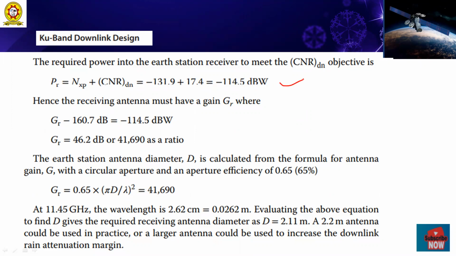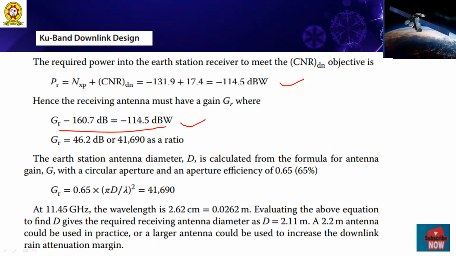That is our first step. To know the receiving antenna gain, we have the step GR minus 160.7 dB equals minus 114.5 dB. From this formula, GR equals 46.2 dB, or 41690 as a ratio.